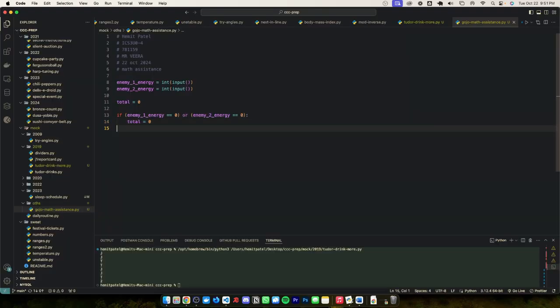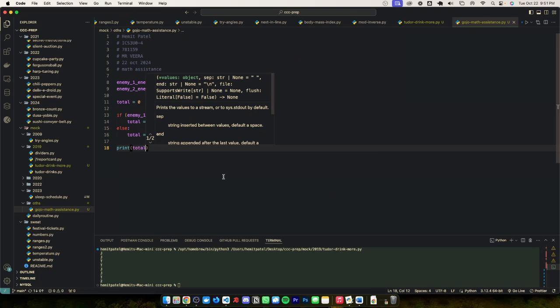And then otherwise, we need to put in an else statement because otherwise this total will be overridden. So if one of these energy levels is not 0, then we can just have total as both energy levels added, and then print out the total afterwards.